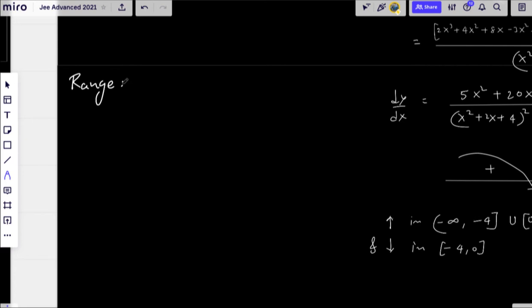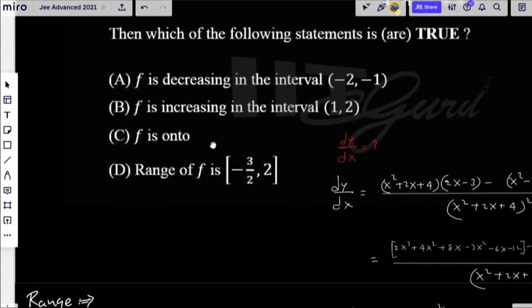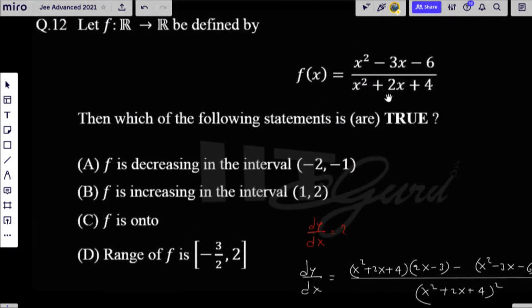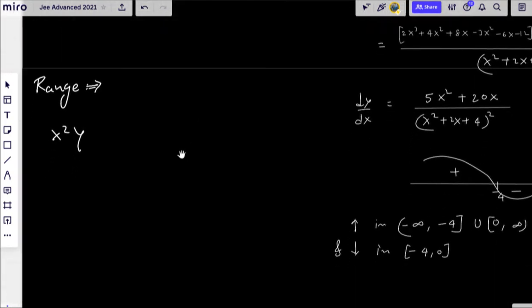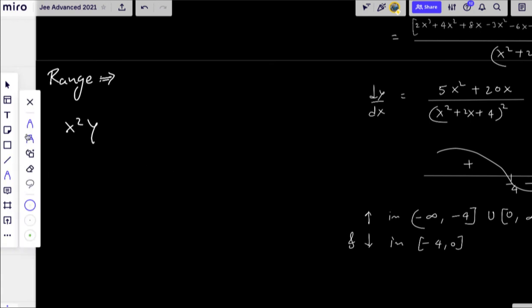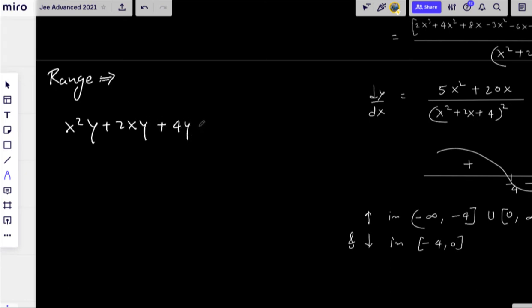So for range, here we have x square y. Cross multiply. You can think here for the range, we have to do quadratic by quadratic. Let's say this is y, cross multiply and transpose. So finally we get x square y plus 2xy plus 4y equal to x square minus 3x minus 6.